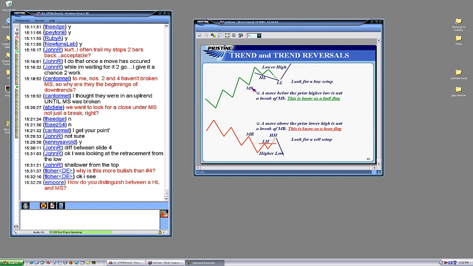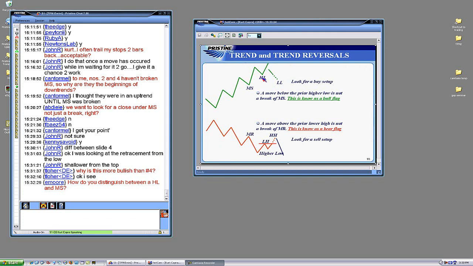How do you distinguish between a higher low and major support? Well, what has to happen for it to become major support is a higher high. So let me get rid of this for a minute. Let's say that this did something like that instead. All right, let's say this higher low then pushed up and made a higher high.